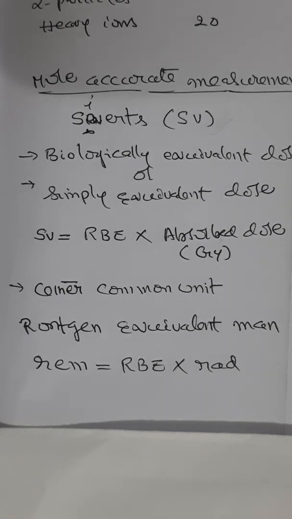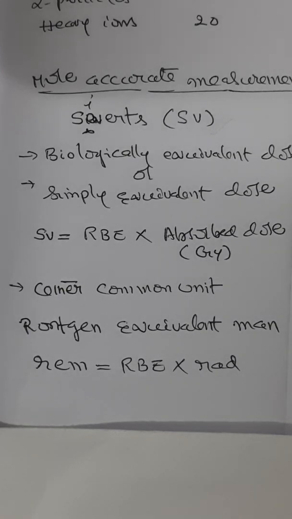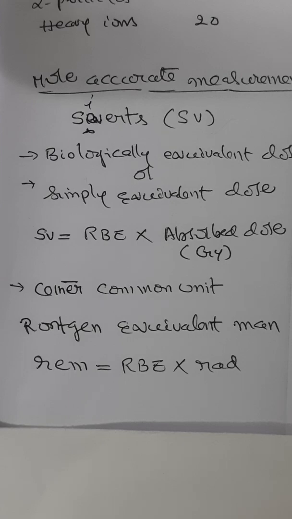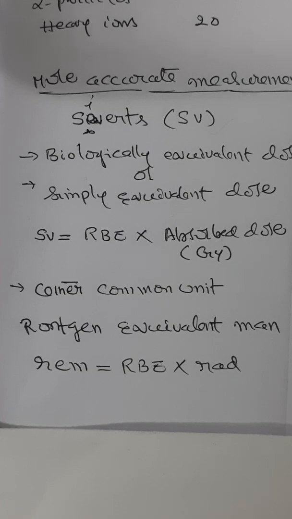It is defined as 1 Sv equal to RBE times absorbed dose in Gray, which is a more accurate measurement of the biological danger posed by a given type of radiation.